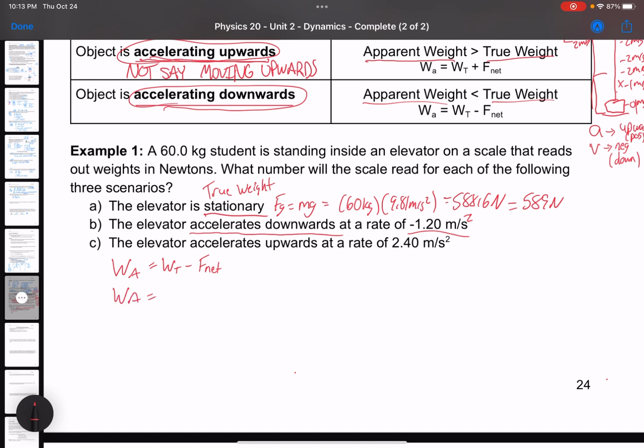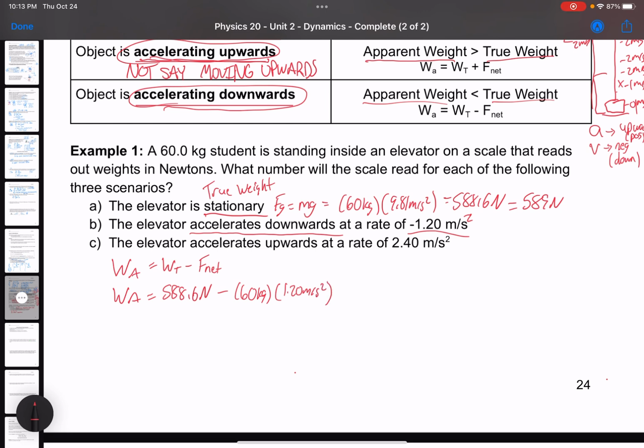Okay, so my true weight is 588.6 newtons, subtract the mass times the acceleration, so 60 kilograms, and my acceleration is 1.20 meters per second squared.